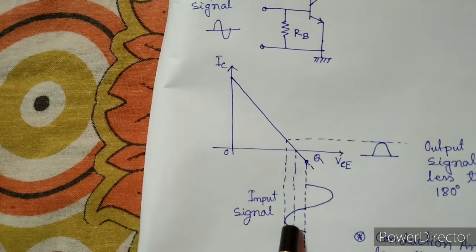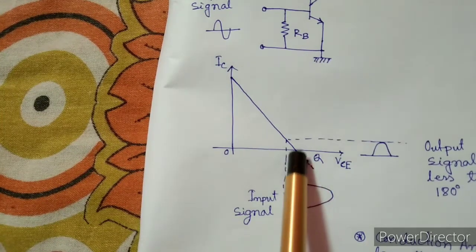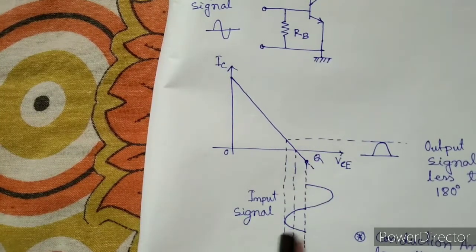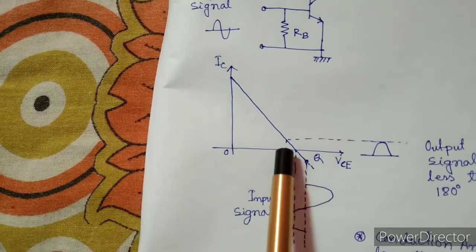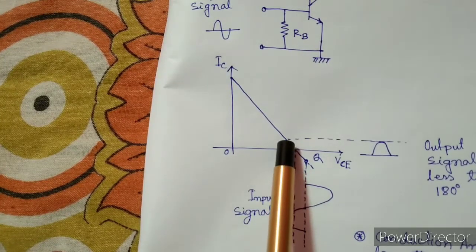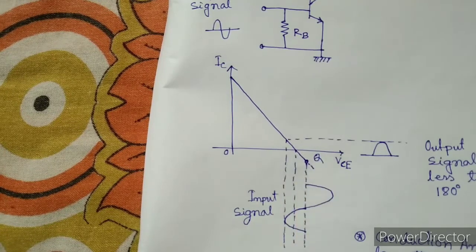if the input is greater than this point. If the input is greater, then IB will increase, and the transistor will be on and the collector current IC will pass through.